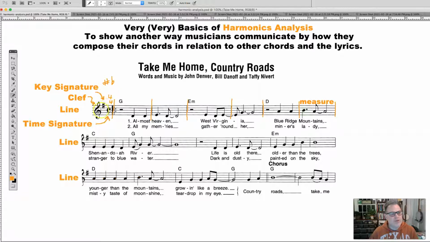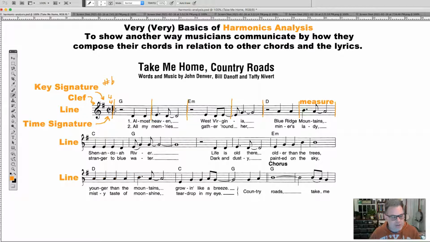This helps you determine what key your song is in. And we need to know the key that the song is in order to do our harmonics analysis. We're going to get back to this in a little while. This is where we're going to start using the circle of fifths, which I showed you earlier.